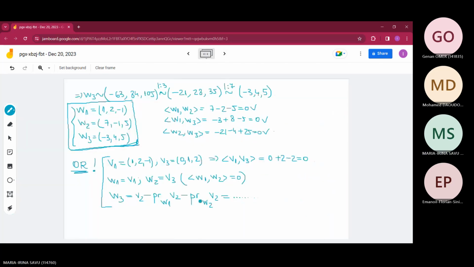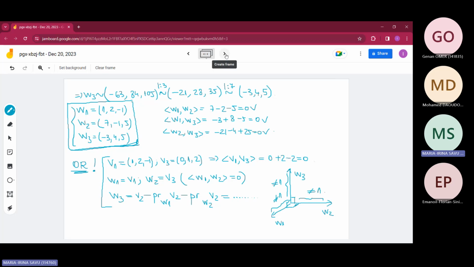What we have now is W1, W2, and W3, three perpendicular vectors, but the length of each vector is different from 1. And we want to obtain three vectors which have the length 1.